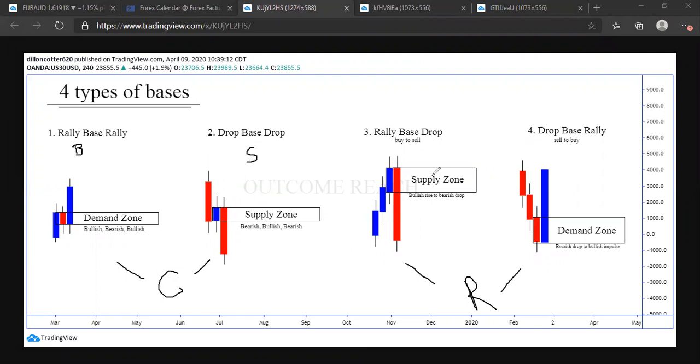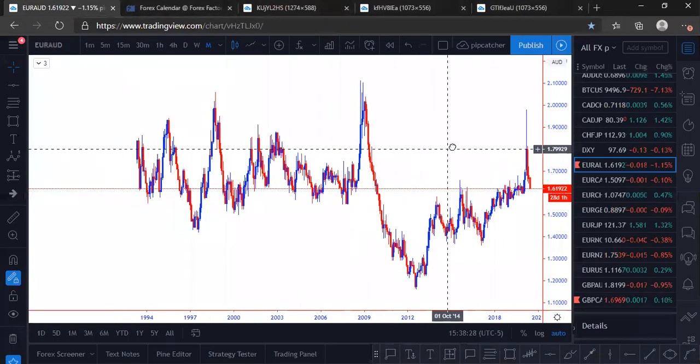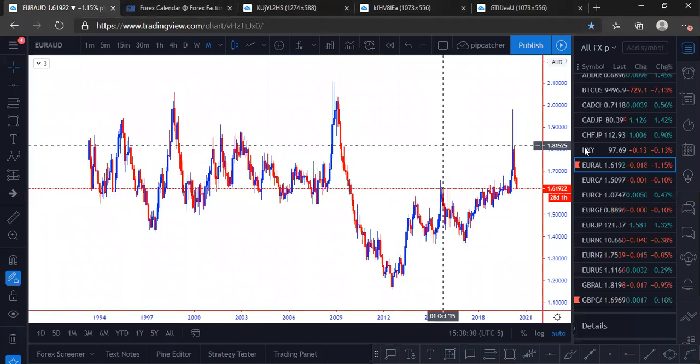We sell in supply zones, and buy in demand zones, right? Buy in demand zones. So now let's look at some charts here of these bases.